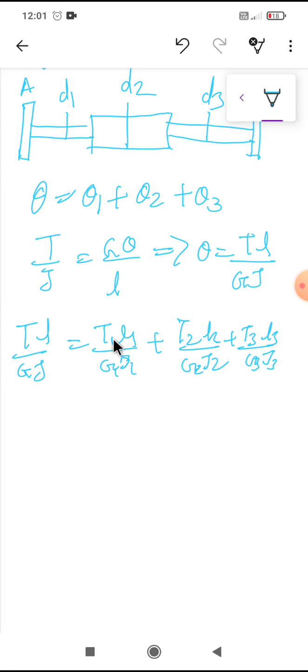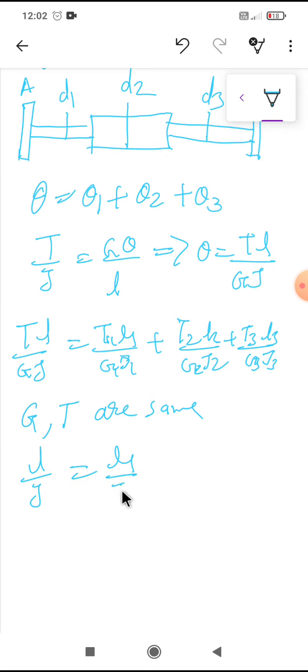What we can take the same is G, the modulus of elasticity, and the torque in each and every diameter will be the same. So T and G get cancelled out, and we are left with L by J is equal to L1 by J1 plus L2 by J2 plus L3 by J3.